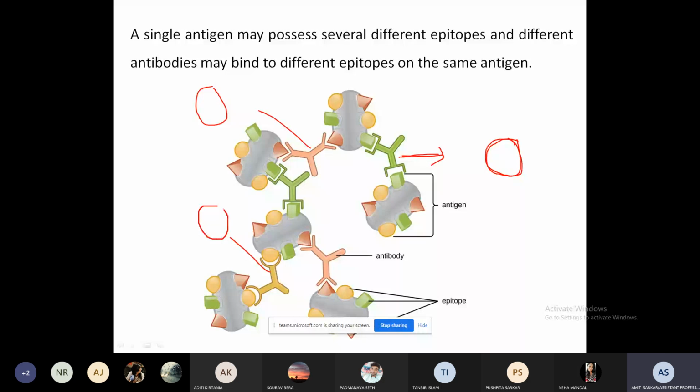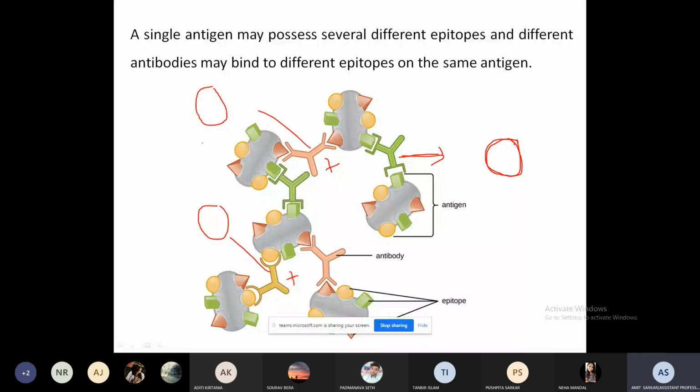So if you inject some antigen into an animal, say a rabbit or mouse, and after 1 month or so you bleed the animal and collect the antibody, what we will always get is a mixture of antibodies: the brown one plus the green one plus the yellow one. Just for the example, I'm taking 3. It could be more, it could be 2. So it is a mixture of antibodies. That's why it is called polyclonal antibody.